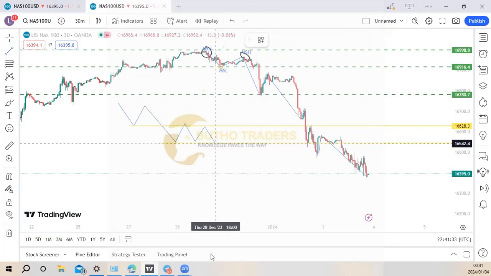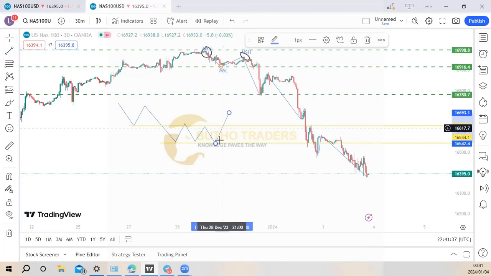So when we have a situation like this, where the market fails to break this structure, this previous major swing low, and then decides to consolidate, we call this consolidation. Sometimes it can eventually fail to break here and then come back and shoot.